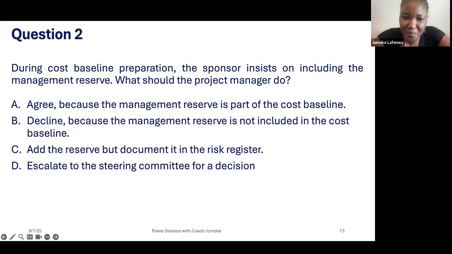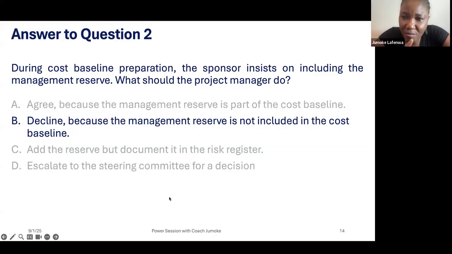Then who chose D? Hello. When you are answering questions, one of the things you should actually avoid is picking the option that says escalation.